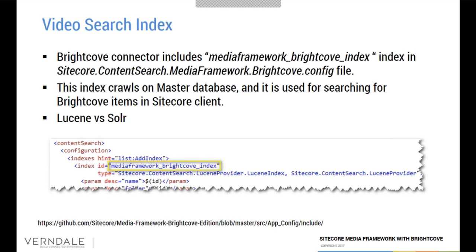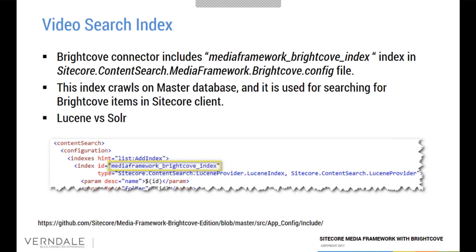When we install the Brightcove connector, it provides one more new search index, named media framework Brightcove index, and it adds one more configuration file as well, the Sitecore content search media framework Brightcove config file. All the configurations related to this index will be part of this config file.